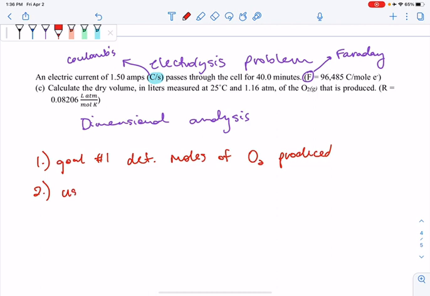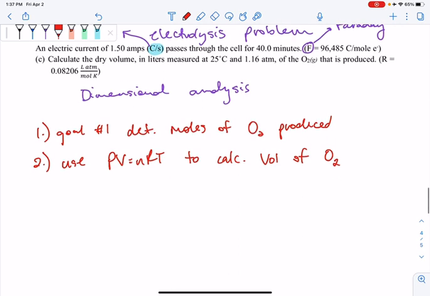Goal 2: use PV=nRT to calculate volume of oxygen given that information. If you had trouble with this question, maybe pause the video and try to rework it now that you have a slightly better idea of what you're trying to do.